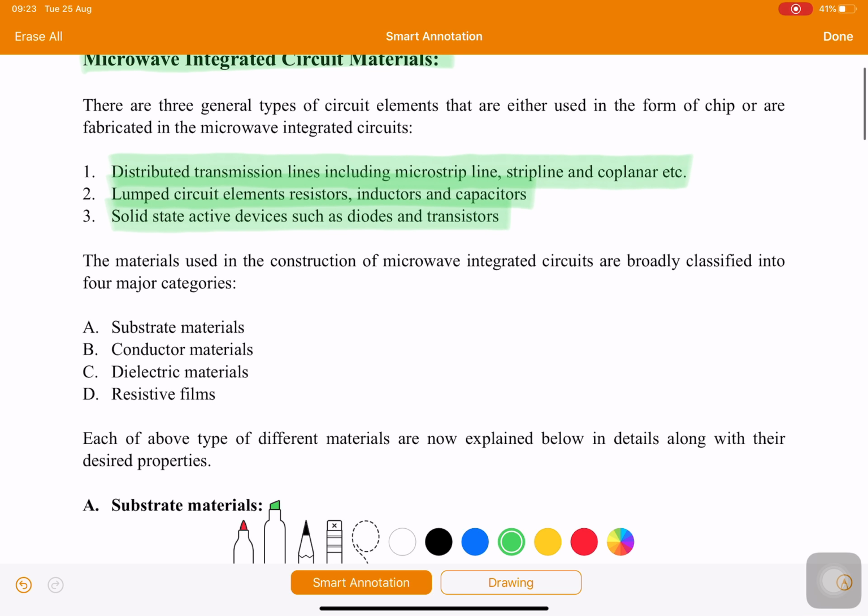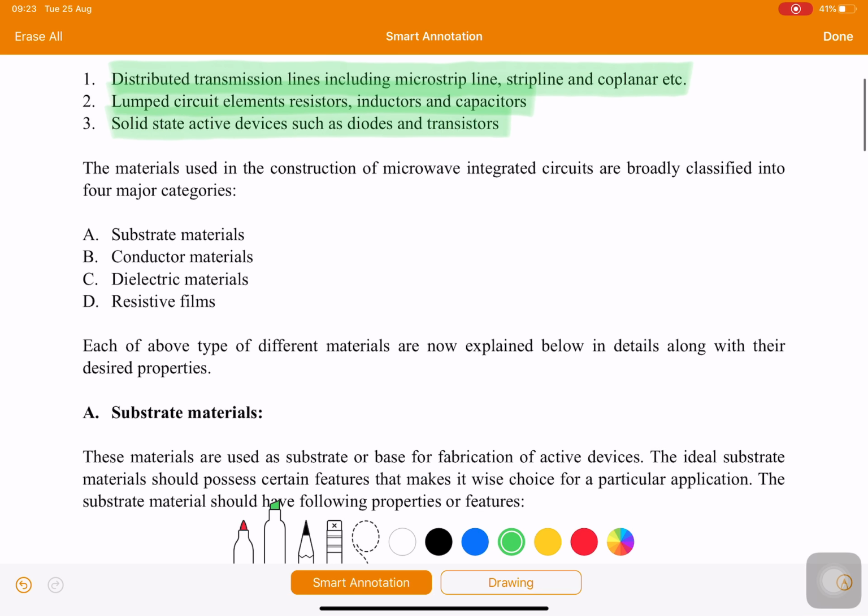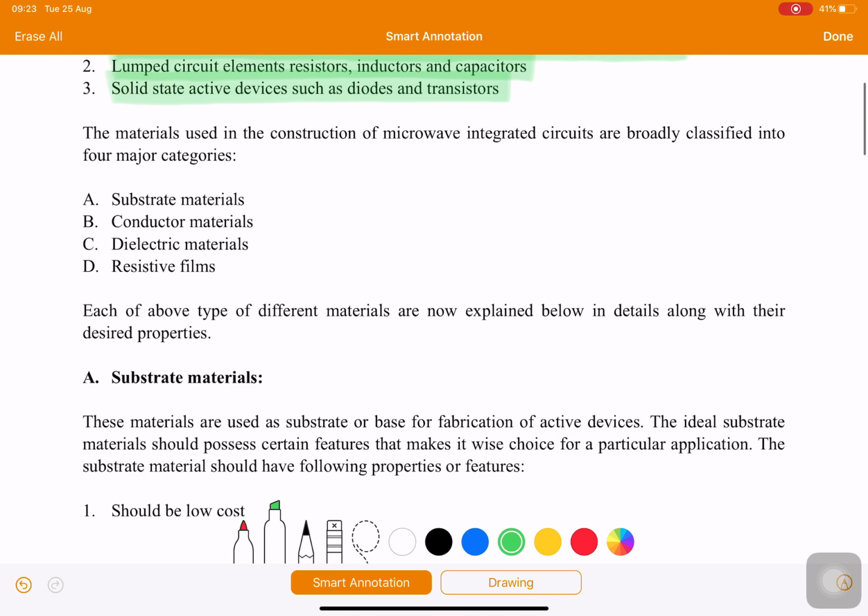Okay, so now we study what different types of materials are used for the construction of microwave integrated circuit. Based on the different types of elements that we want to construct over the integrated circuit, the materials used in microwave integrated circuit are classified into four major categories.